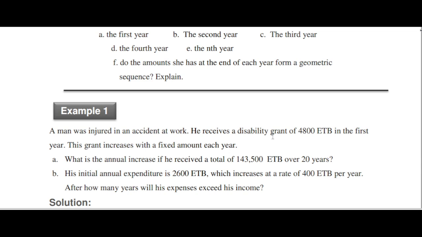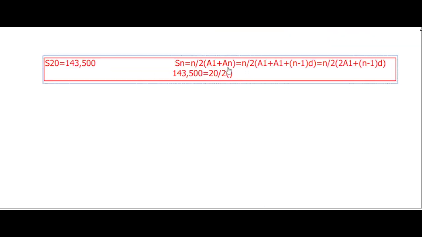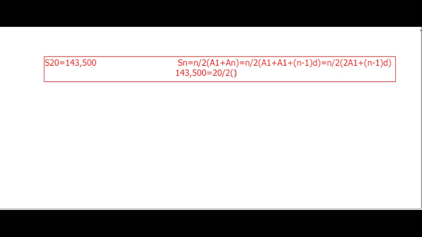He received a disability grant of 4,800 ETB in the first year. So let's substitute: 2 times 4,800 plus (20 minus 1), 19 times d.